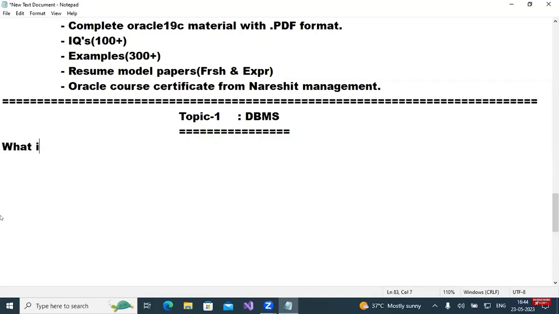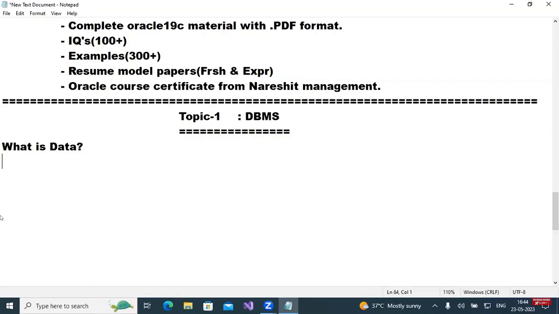In this terminology, the first thing is a very common question. Everyone is aware of this, but you are not confident about it. That is called data. Almost everyone knows it. Now I'm asking, what is data?